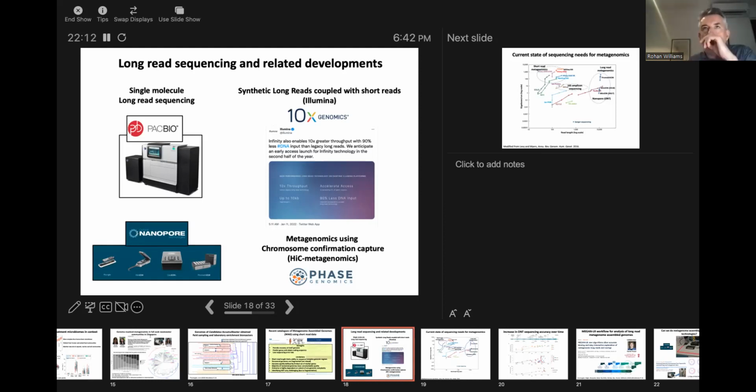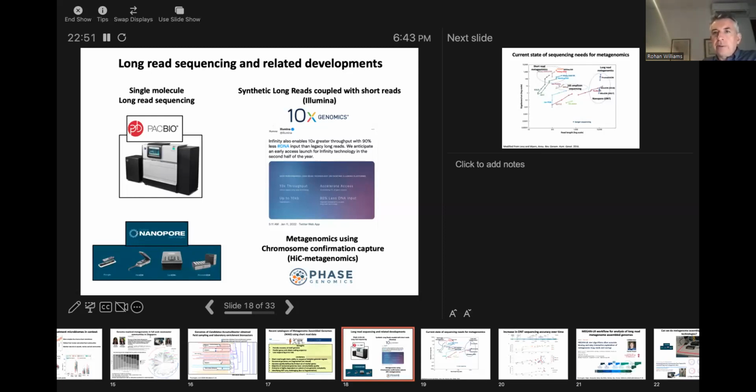There's also an interesting set of so-called synthetic long-read technologies, which use a combination of short-read sequencing and molecular barcoding techniques to make longer, synthetic reads. 10x Genomics is one company that does this, and there's a new kit, or something between a kit and a platform, by Illumina called Illumina Infinity, which I think will also be an exciting synthetic long read approach.